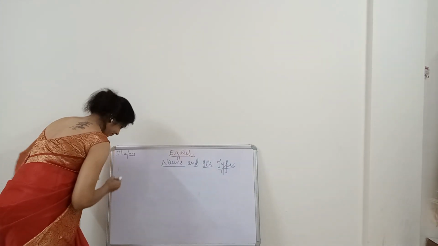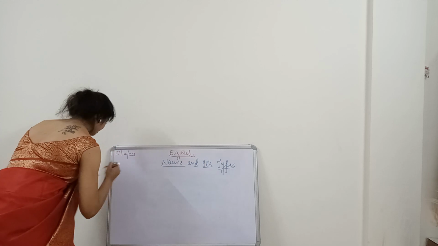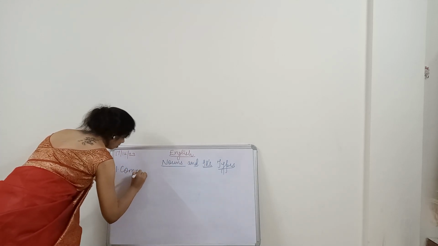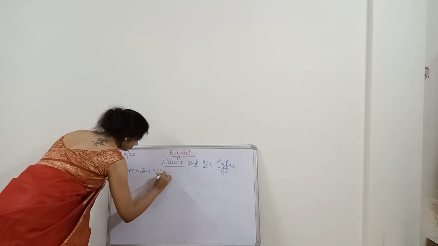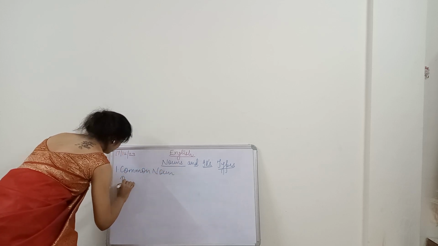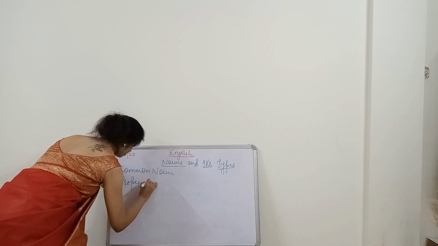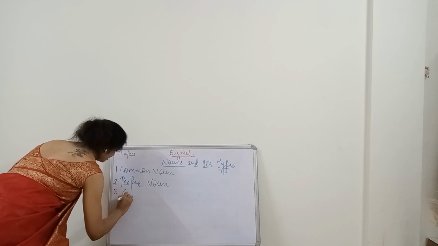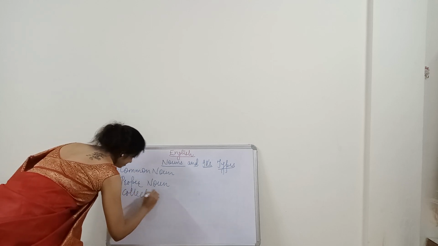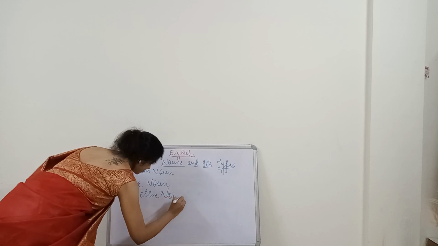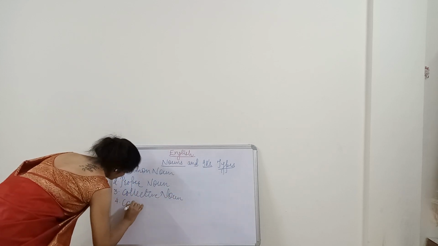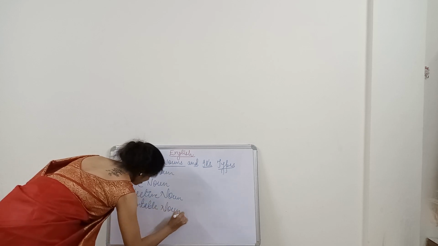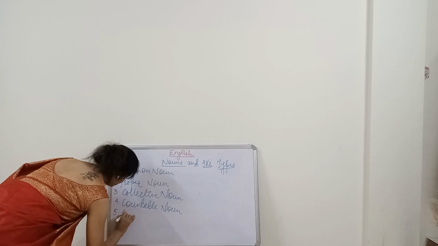So first is common noun. Second is proper noun. Third is collective noun. Fourth is countable noun. Fifth is uncountable noun.